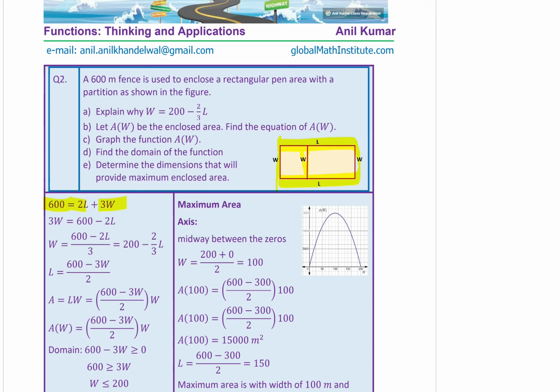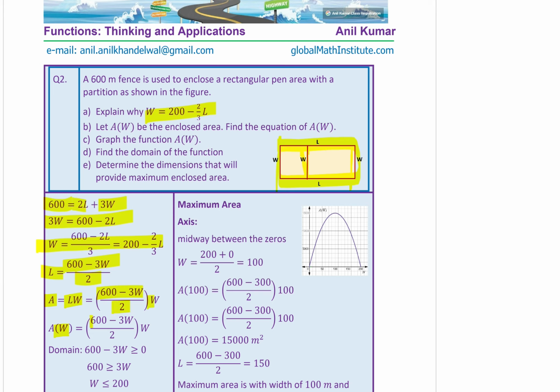These are the 3 widths. You can isolate the variable in terms of width and also length. Since we wanted this as a function of width, we have to write length in terms of width. Area is the product of length and width. When you substitute, you get this function.